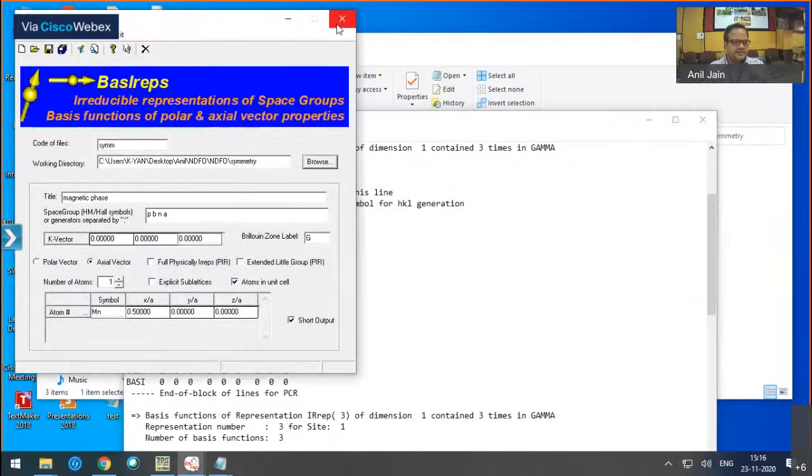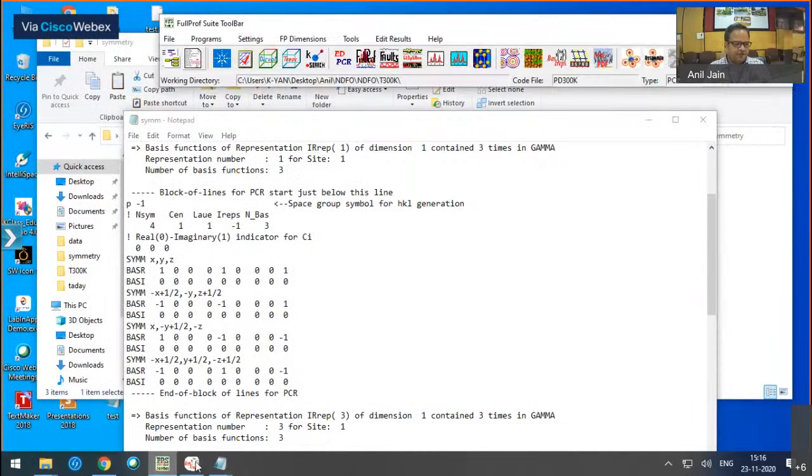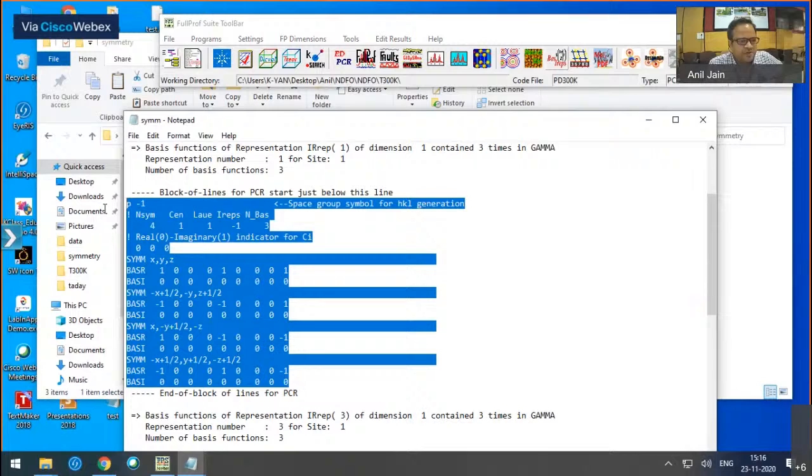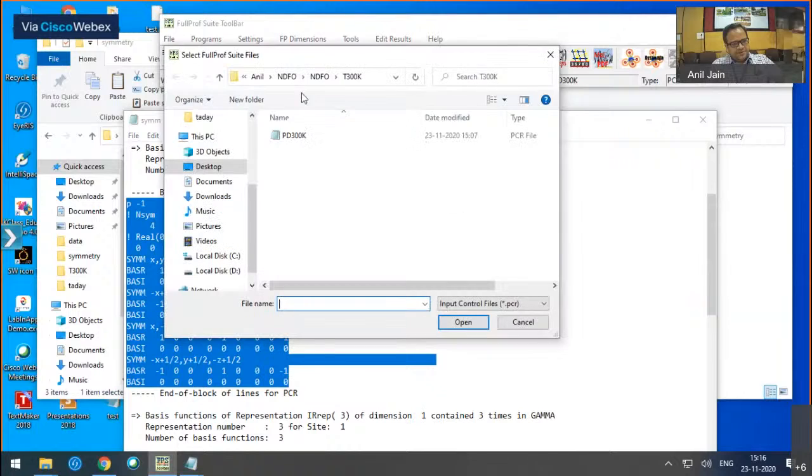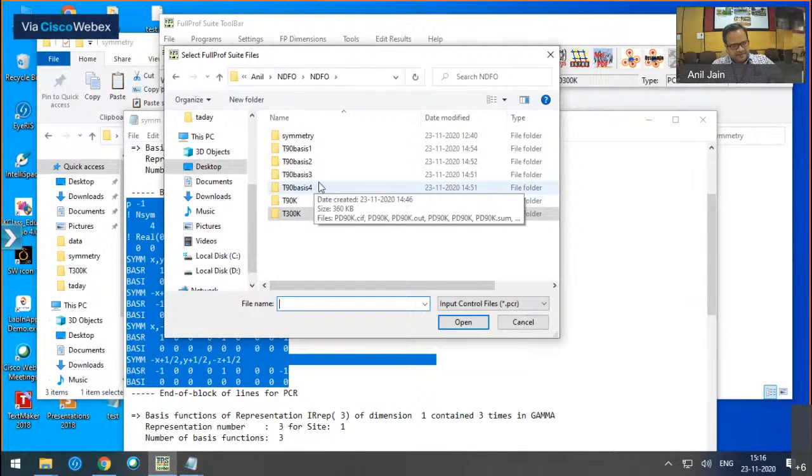Now I can close this file. So we have done this representation analysis. Now we would like to see this magnetic structure corresponding to this symmetry operation. So what we do in the PCR is, let me show you.